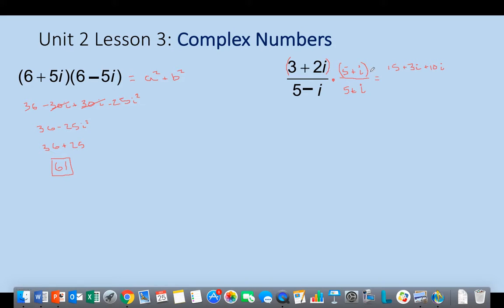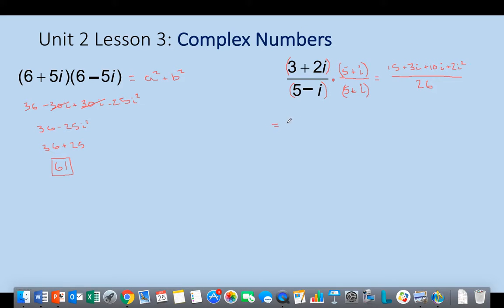And then 2i times i would be plus 2i squared. But the magic is really happening down here on the bottom. I've got this case just like I did over here. So if I wanted to take the shortcut, I'd just take 5 squared plus, this would be like 1i, so 1 squared, and that would just be 26. And that i has been taken care of.